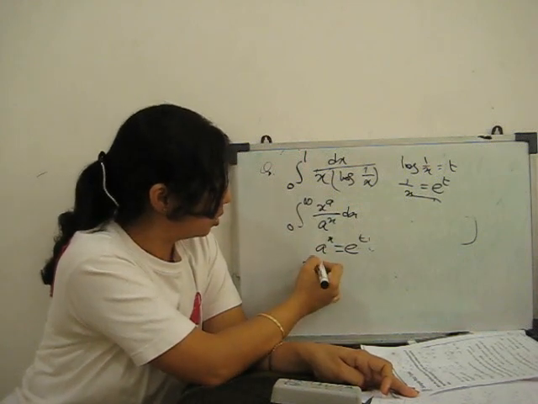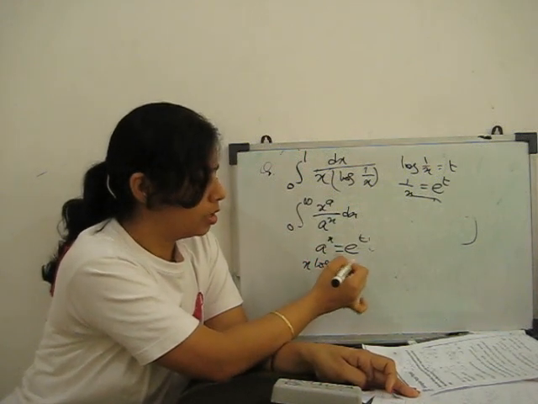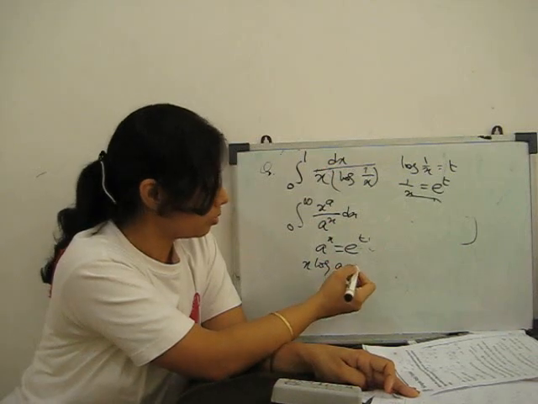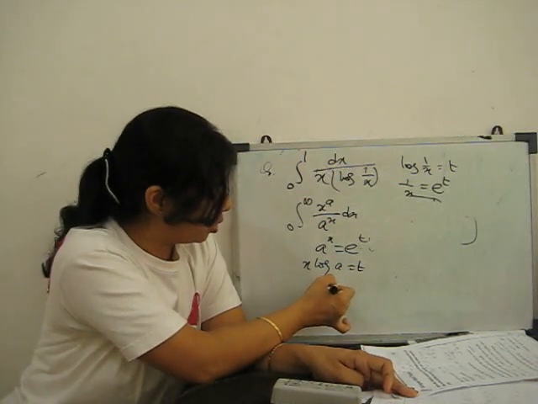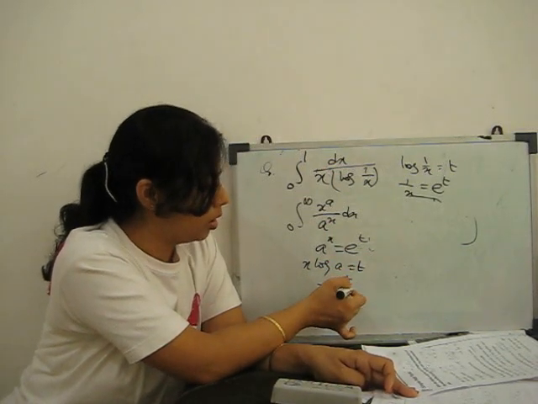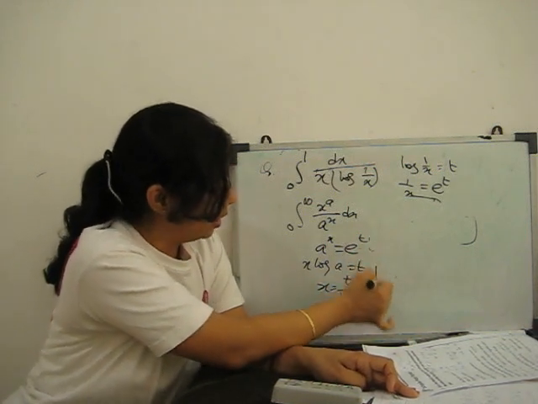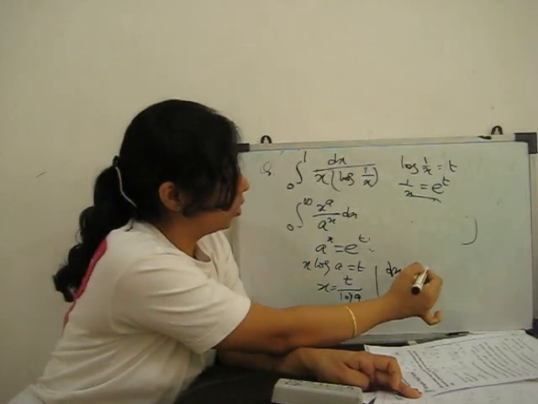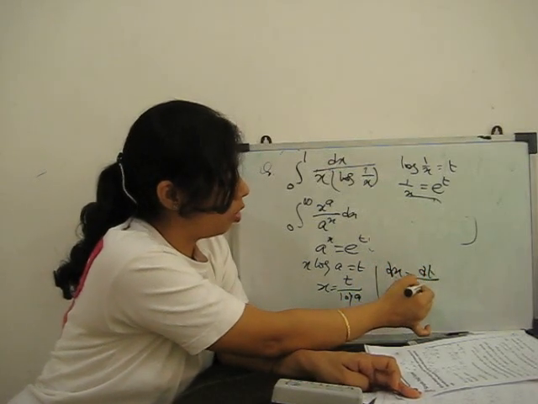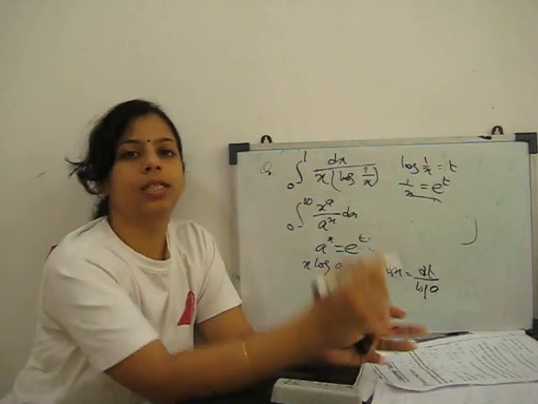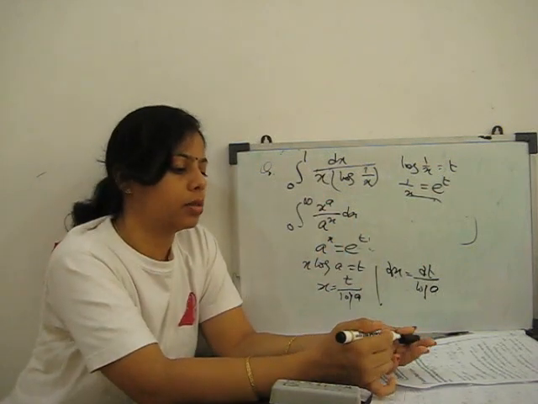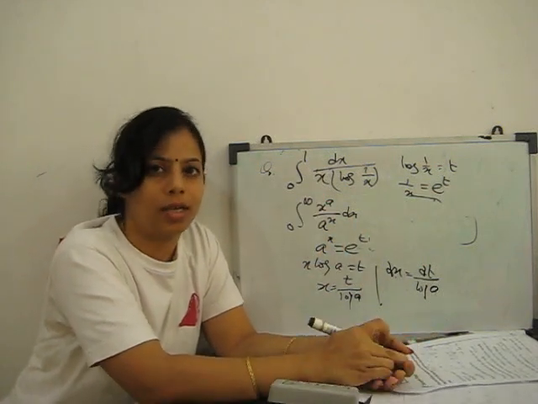So x log a is equal to t, x is equal to t upon log a, where a is constant, it gives dx is equal to dt upon log a. Substitute this here, and your integral converts into a gamma integral.